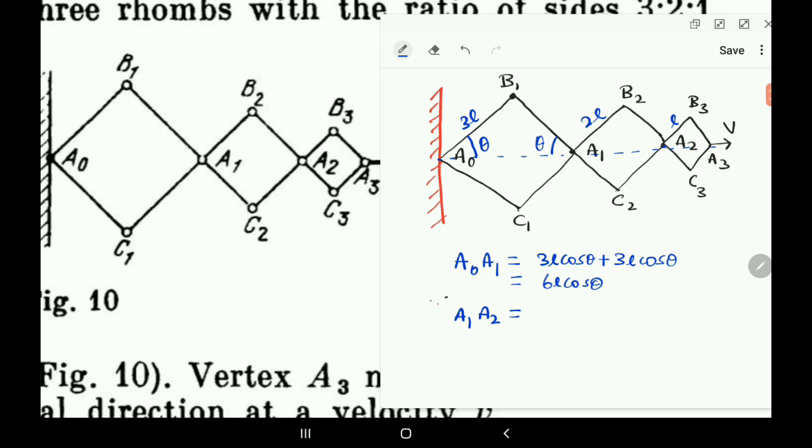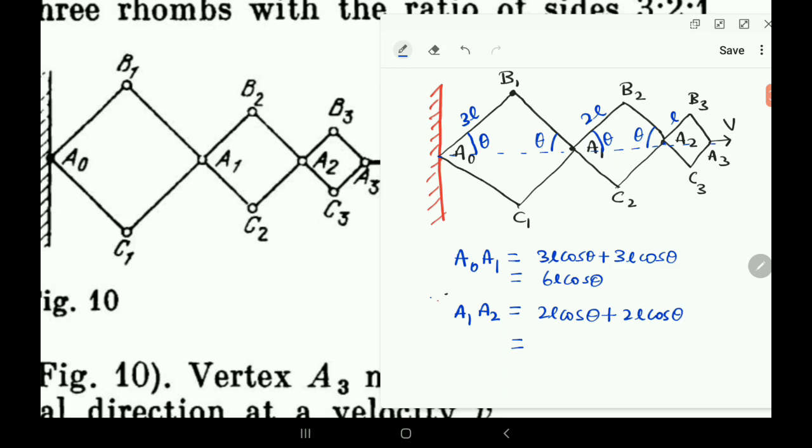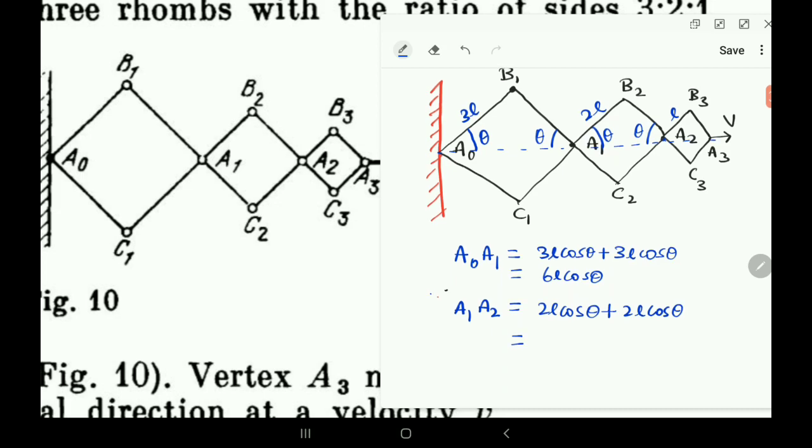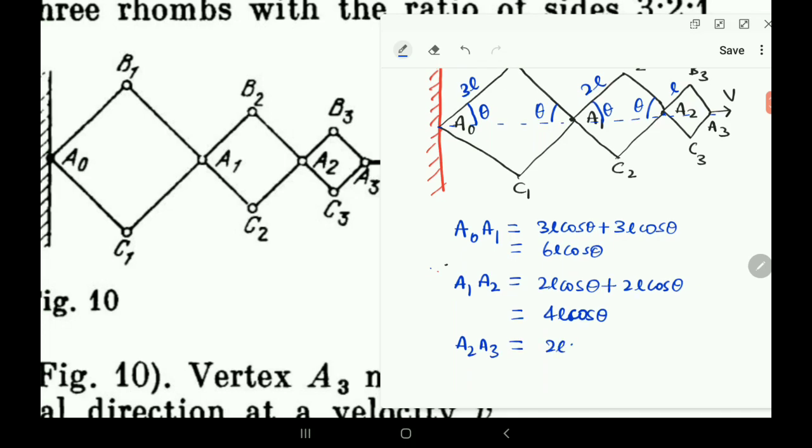A1 A2, how much will that be? So that will be 2L cos theta plus 2L cos theta, right? So net 4L cos theta. So basically I am writing all the lengths. See the demarcations in the figure. Similarly A2 A3 will be L cos theta plus L cos theta, 2L cos theta, right?